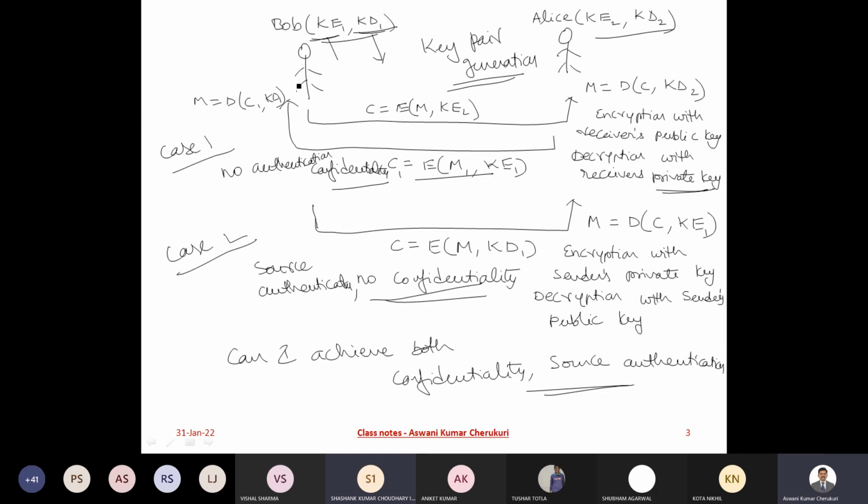If the attacker, by knowing something public, which is KE1, is able to calculate KD1, then what will happen? What will happen if the attacker, knowing the public key, is able to calculate the private key? What will happen?